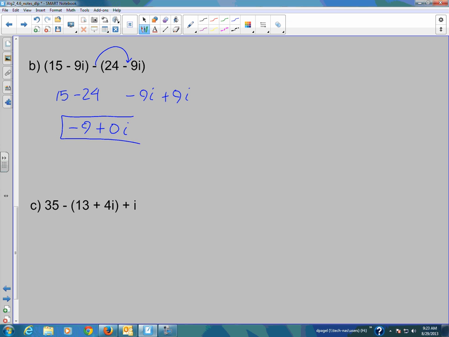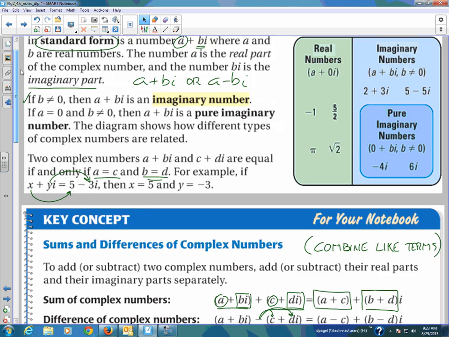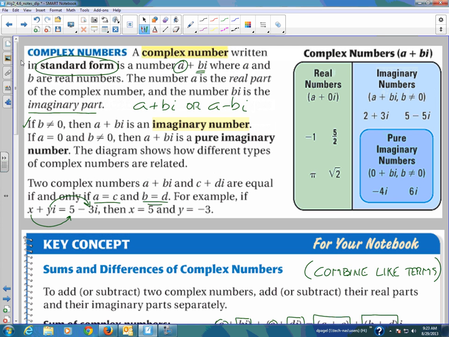The reason I'm writing the plus 0i there is because we're leaving our answer in standard form. However, negative 9 plus 0i is a real number. If we go back to the table that we looked at, here's an example of that. When your b becomes a 0, we actually just end up with a real number versus a complex number.